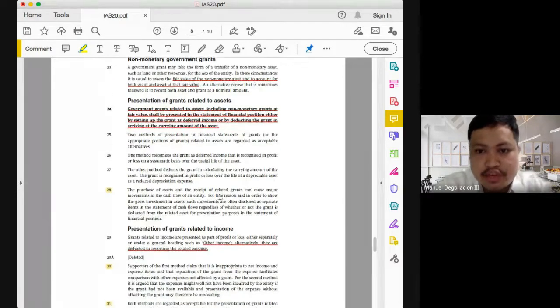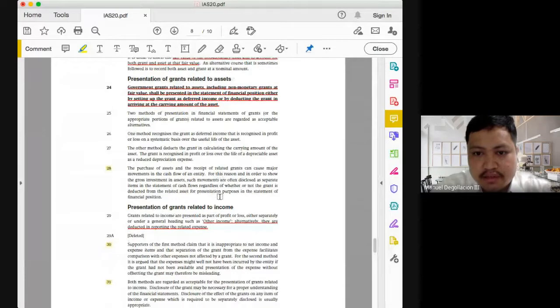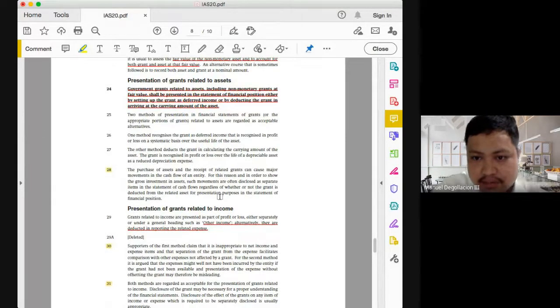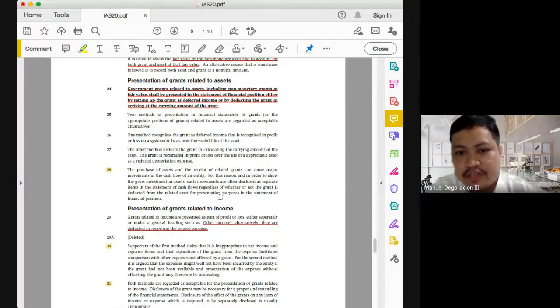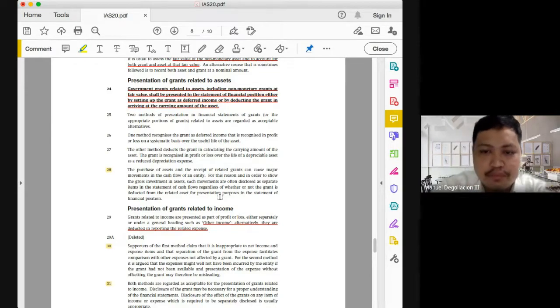Now, for presentation, grants related to income are presented as part of profit or loss, either separately or under a general heading such as other income. So either you have a separate account title for grant income class, or you just put it together under other income.